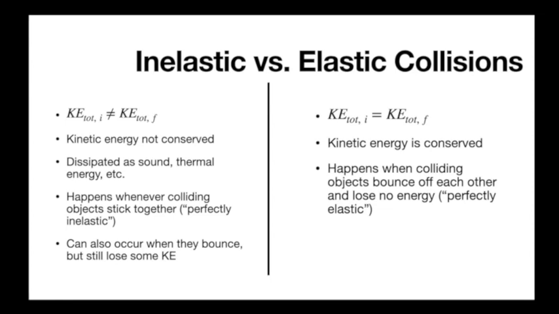We don't always have perfectly inelastic collisions, though, right? Like I said, when they stick together, that's the extreme end. That's perfectly inelastic. That's when we're losing the maximum amount of kinetic energy that we can. However, things can be somewhere in between, right? If I throw a ball at the wall and it bounces off, we're all going to hear that. That's one key way we know we lost some kinetic energy there, because we produced a sound, right?